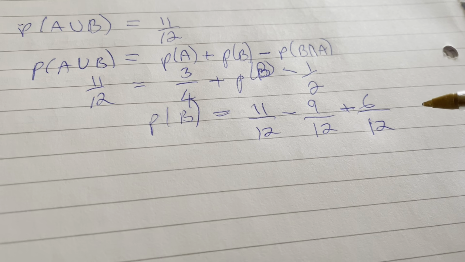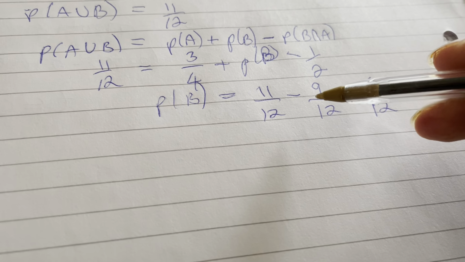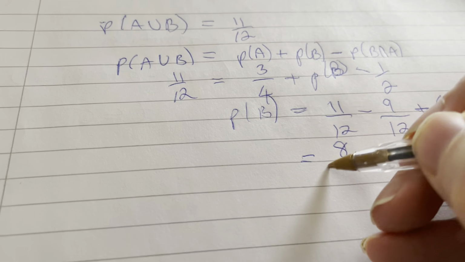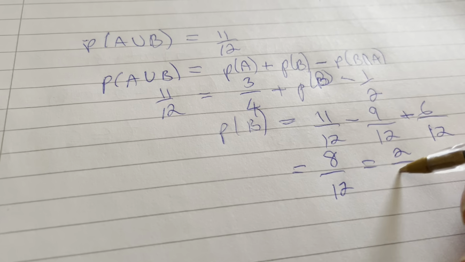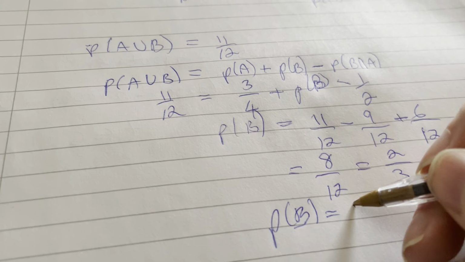So, what's that give us? 8 over 12, which is 2/3. So we get from that the probability of B is 2/3.